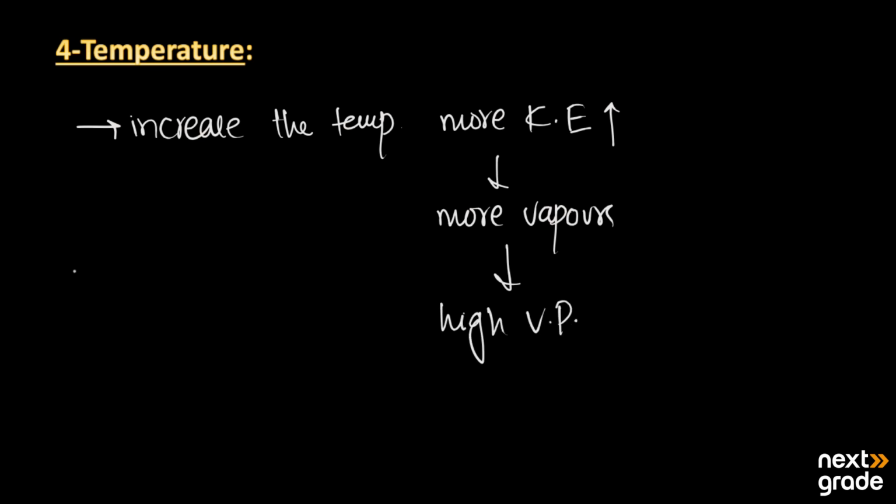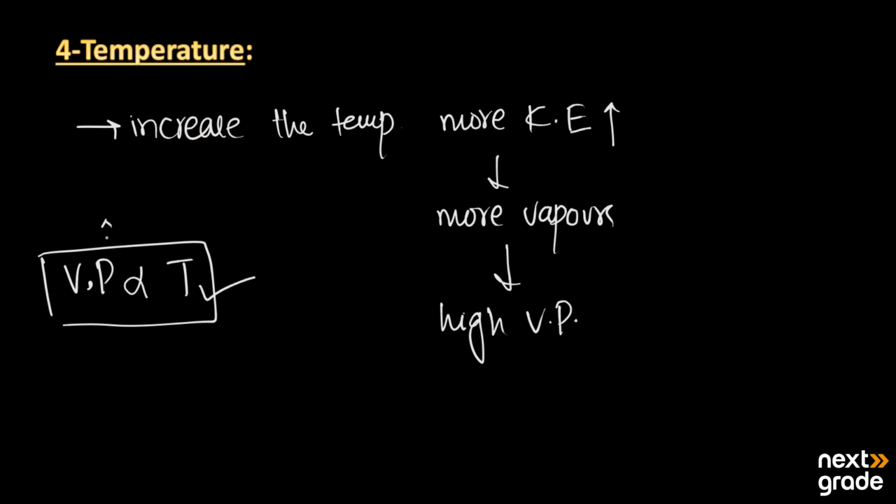So the temperature and the vapor pressure have a direct relation. When we increase the temperature, more vapors will be formed and the vapor pressure will be high because the kinetic energy of the molecules increases.